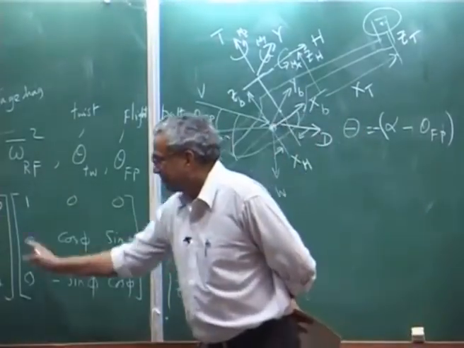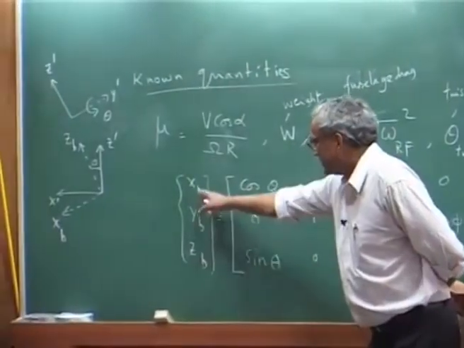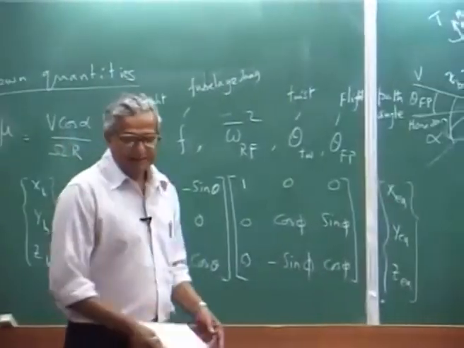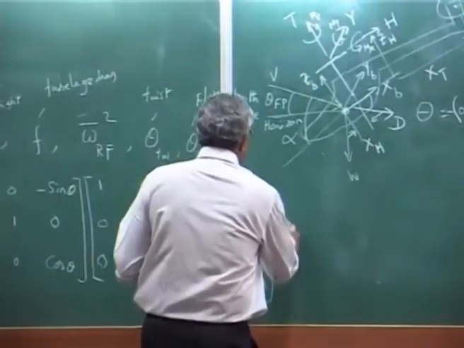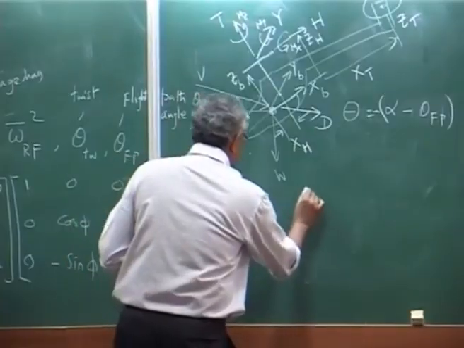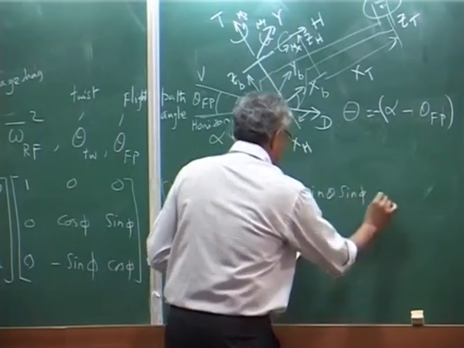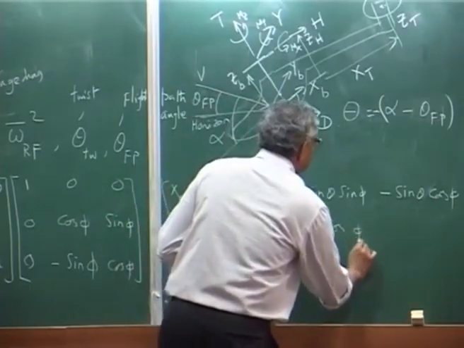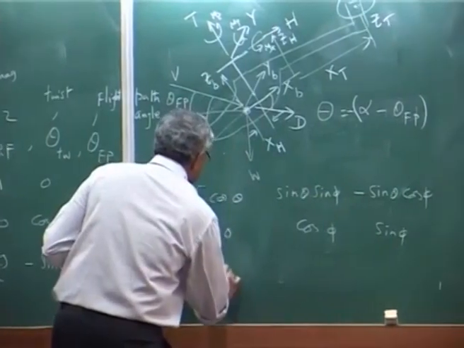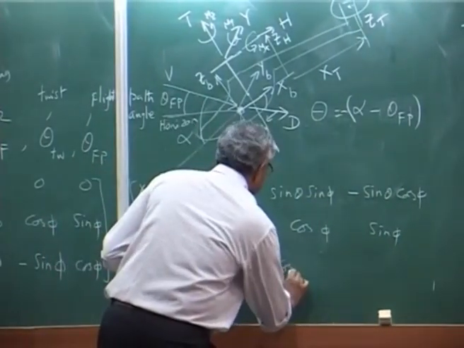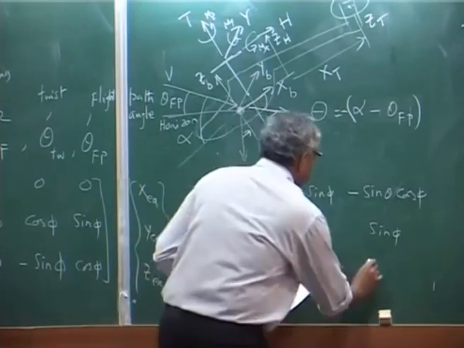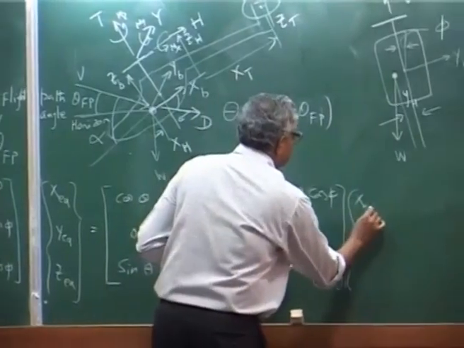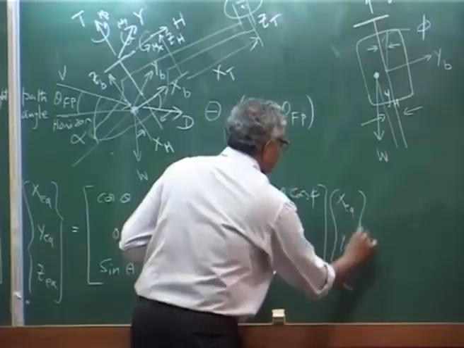So, minus W, you convert it, find out the force along the z body, because this product you can write as cosine theta, sin theta sin phi, minus sin theta cosine phi, 0, cosine phi, sin phi, and sin theta, minus cosine theta sin phi, and cosine theta cosine phi, times x earth, y earth, z earth, okay.